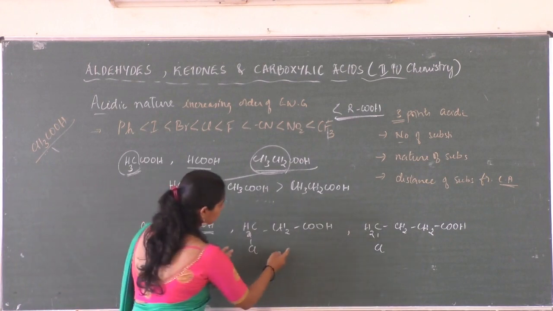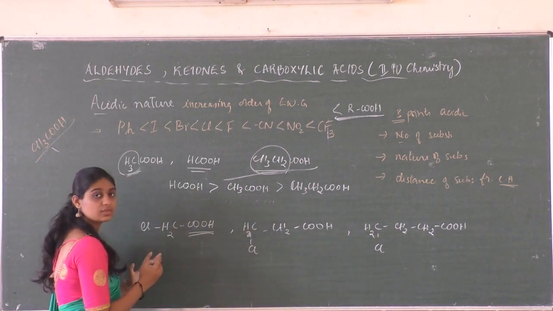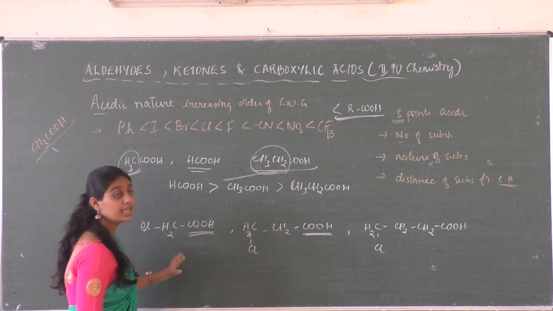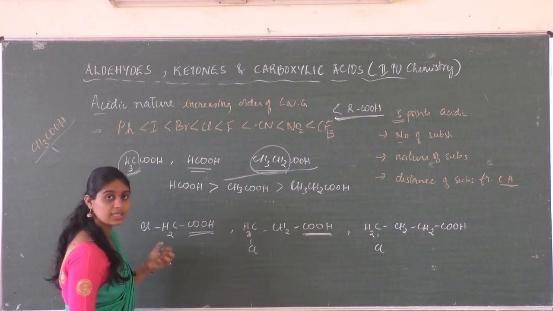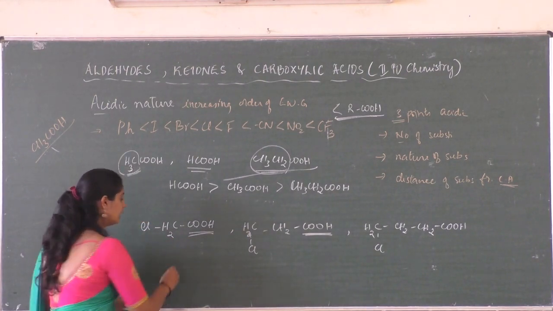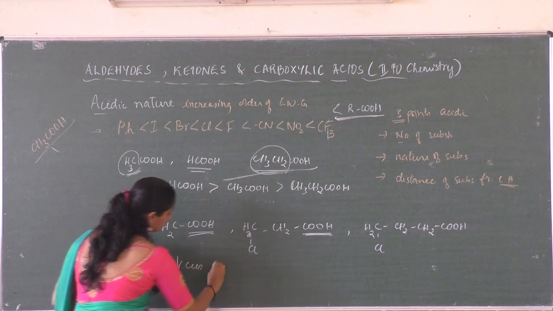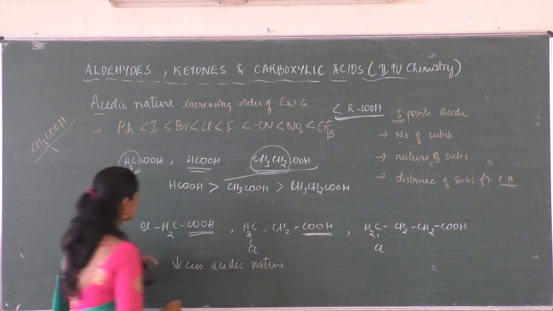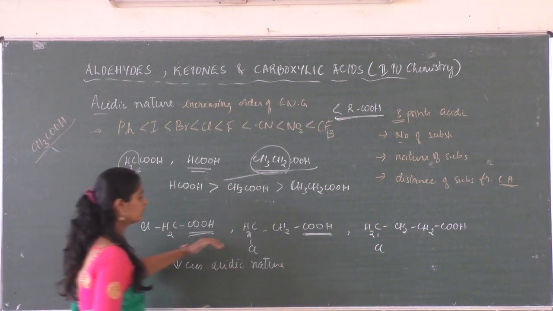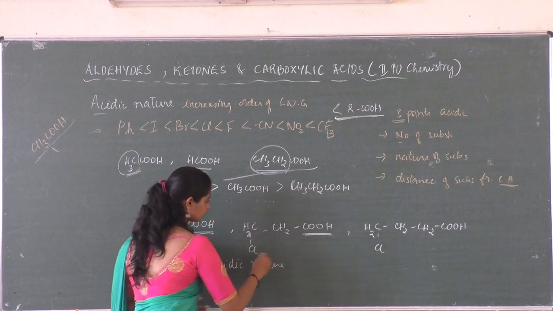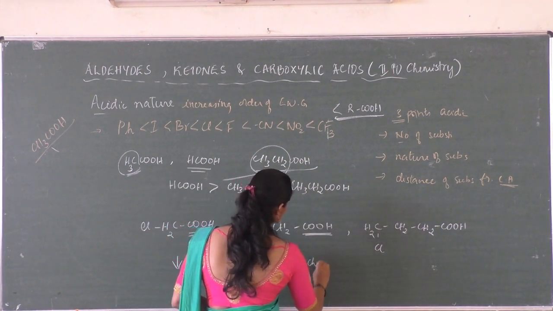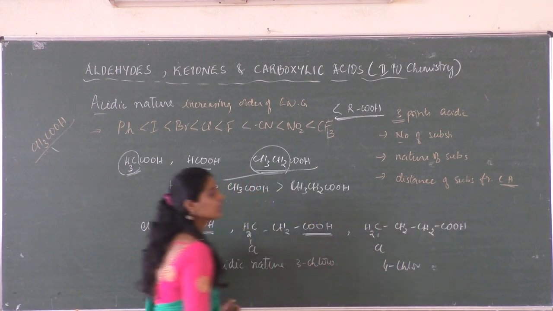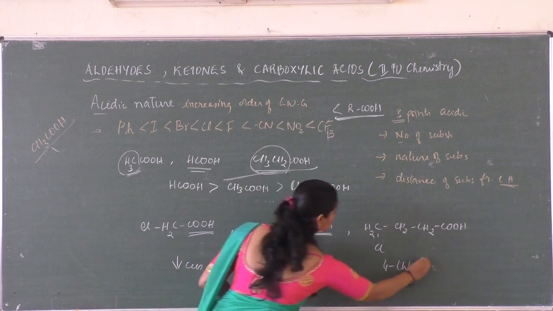So here the distance of chlorine or distance of substituent group from the functional group carboxylic acid increases, therefore the electron withdrawing tendency decreases, and thereby it decreases the acidic nature. So this is more acidic comparing to this, that is 3-chloro comparing to 4-chloro, 4-chlorobutanoic acid.